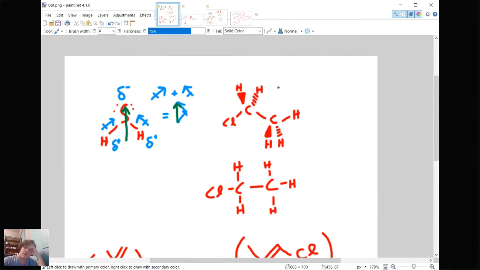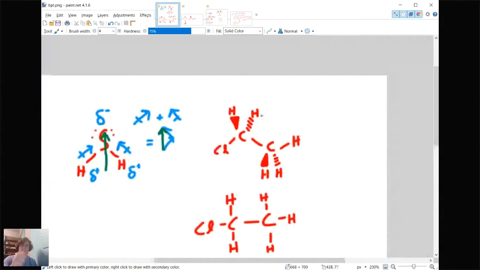If you see the colored in wedge right here, that means the hydrogen is coming out at you, out of the page, and the dash wedge means just going backwards. So when we actually build out the molecule, I'm looking at the one on the right side, and ignoring the hydrogens on this carbon.